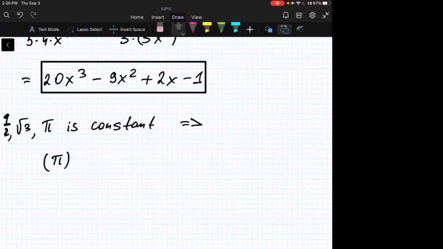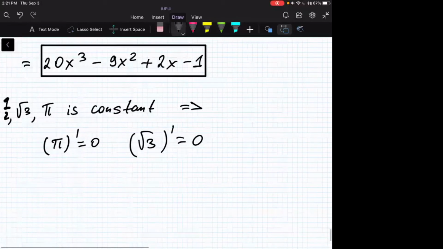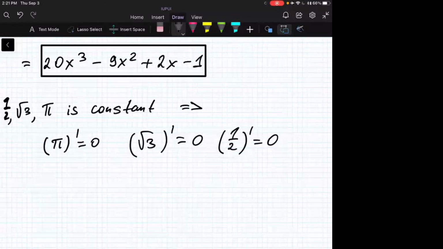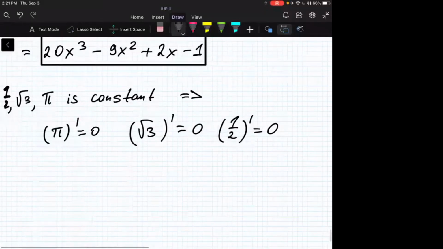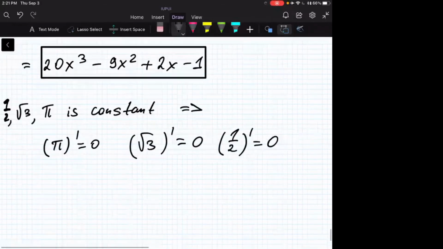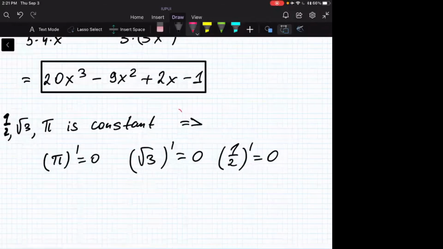That means that the derivative of pi is still 0. The derivative of square root of 3 is 0. Even if it looks like some function, or maybe, I don't know, an irrational number, it doesn't matter. It's just some constant. So the derivative of the constant is 0, no matter how ugly it is. Okay. This is kind of a remark.